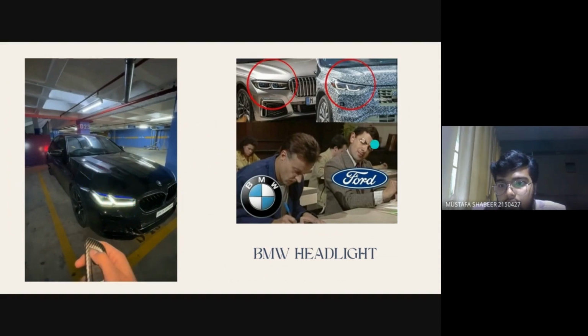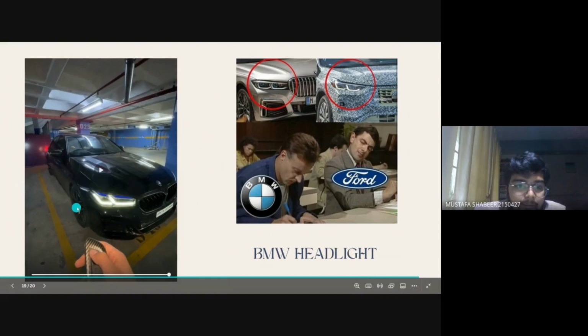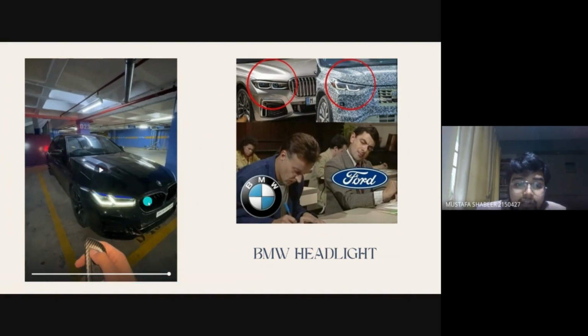It can be seen on the right side that the other automobile company, Ford, has copied the same design in their vehicles, which is clearly an infringement of the design which was registered by BMW. So the BMW headlight design has already been registered.